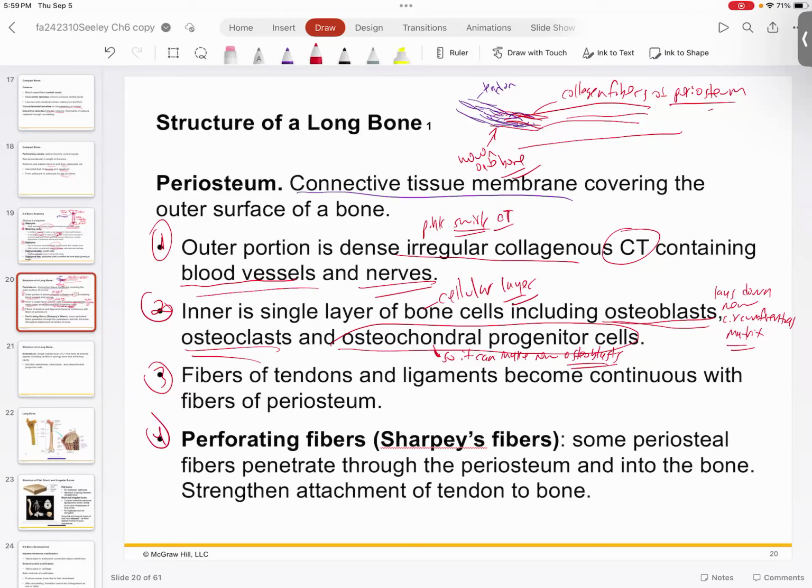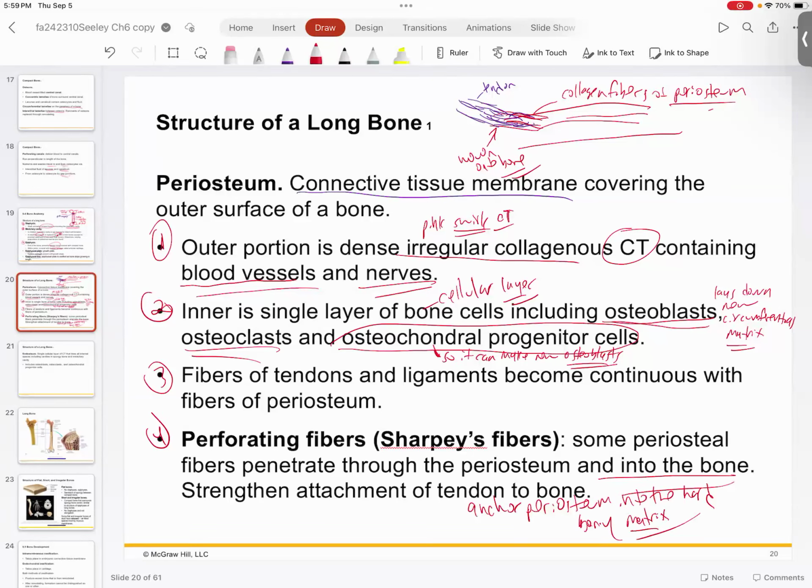Then we have our perforating fibers, called Sharpey's fibers. And in some periosteal fibers, they basically will penetrate through the periosteum and dig into the bone. And so what these will do is anchor the periosteum into the hard bony matrix.